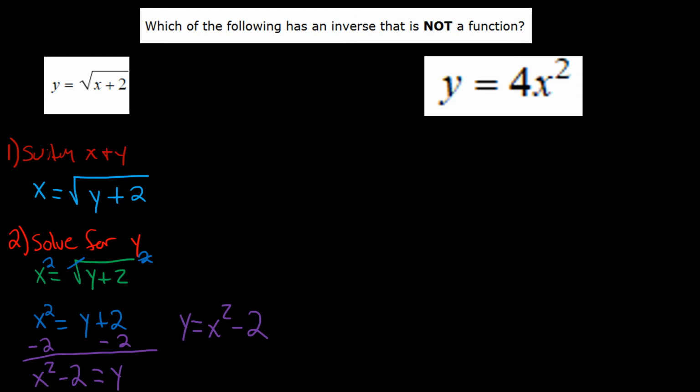Well, there's several ways we can do this. I think the easiest way for most students is the vertical line test. And when we discuss the vertical line test, we need to graph this. So if I was to graph this on a coordinate plane, x and my y, we know we would go 2 units down, and it's x squared, which is a parabola, and we see this happening here.